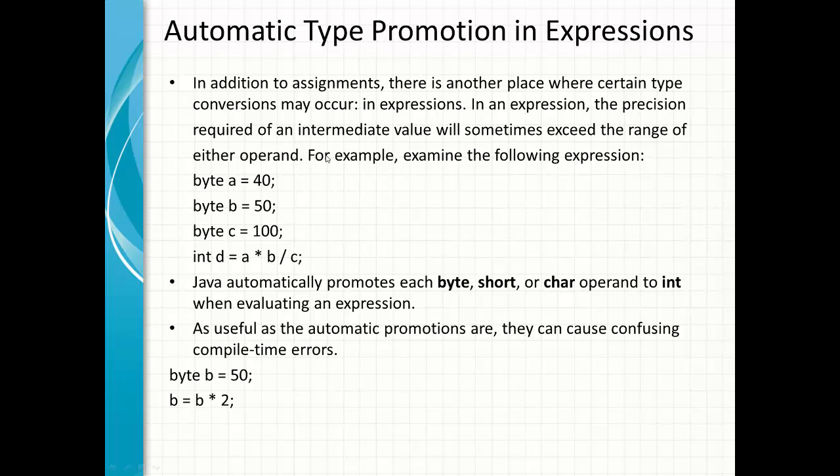In an expression, the precision required of an intermediate value will sometimes exceed the range of either operand. Let us look at this example. Here the value of byte a is 40, byte b is 50, byte c is 100. Now int d is equal to 40 times 50. That will be 2000, right?